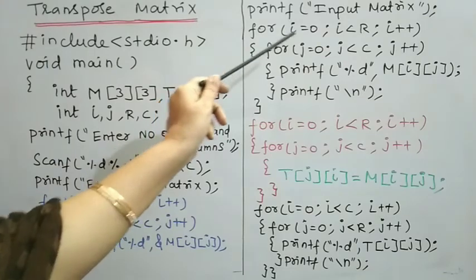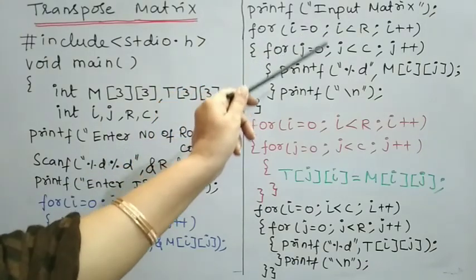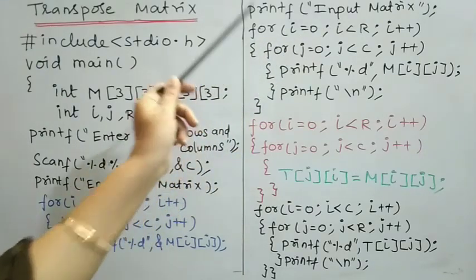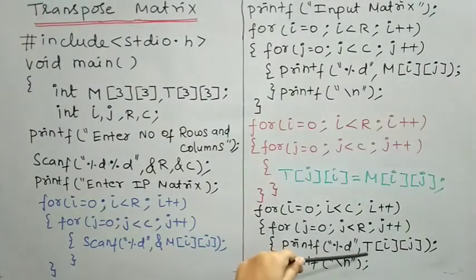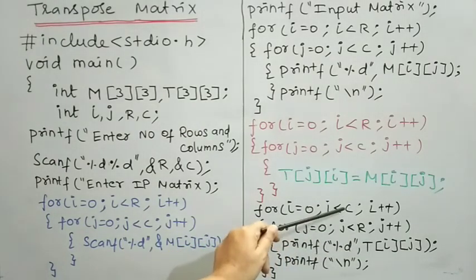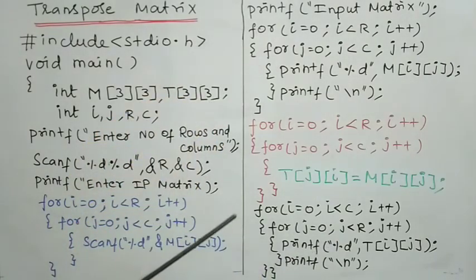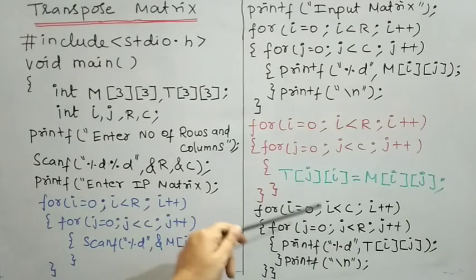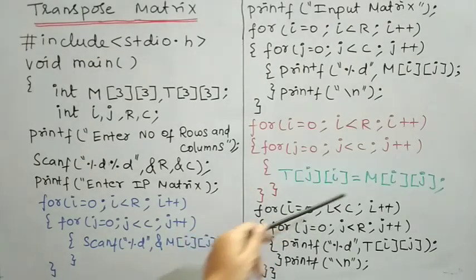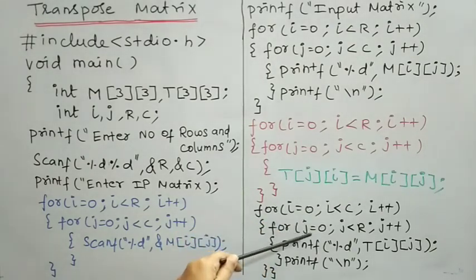In the input matrix, we have R number of rows and C number of columns. It is transposed into the transpose matrix with C number of rows and R number of columns, since the rows are transposed into columns. So i varies from 0 to C minus 1. The j, which is holding the index position of column, ranges from 0 to R minus 1.